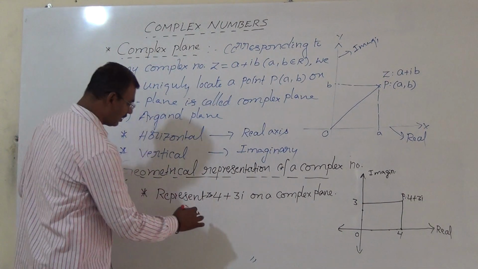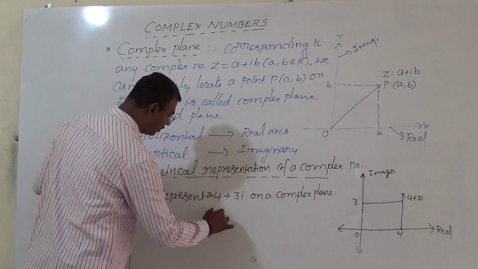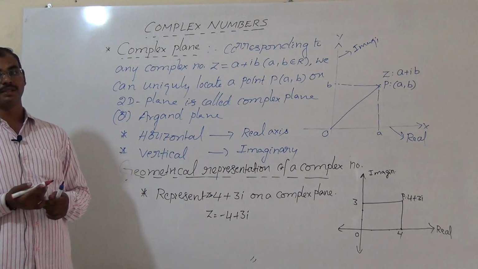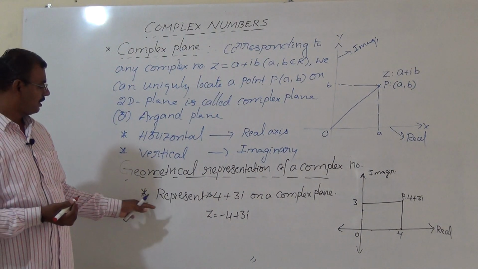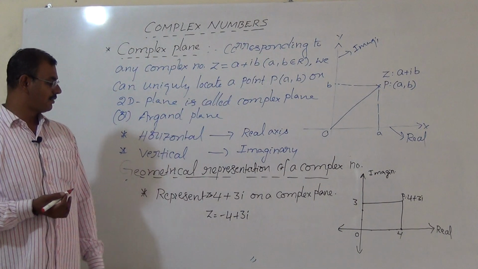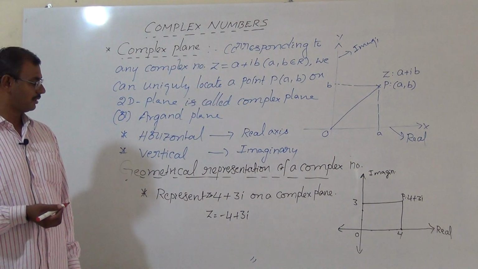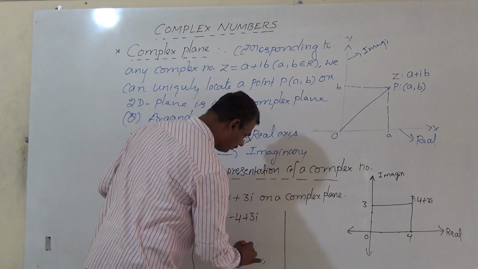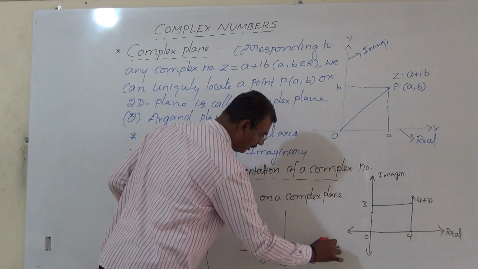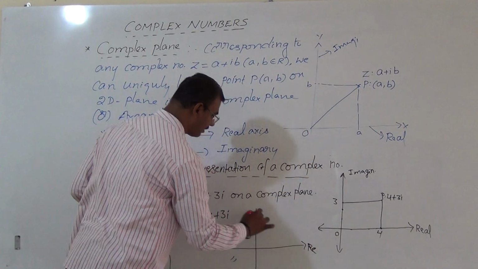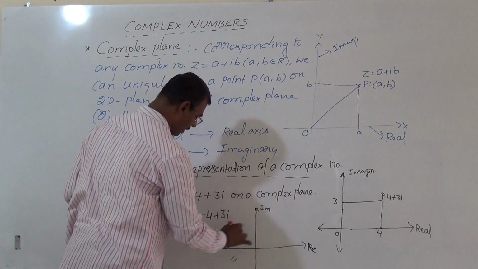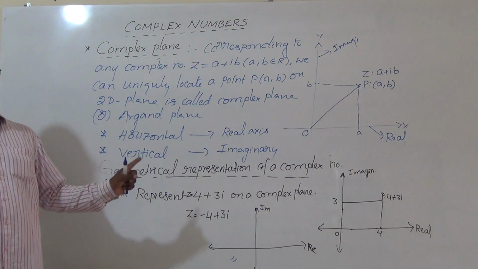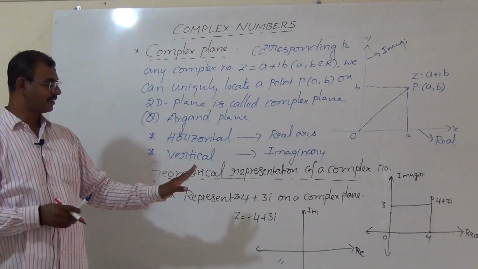Suppose the question is: represent z equal to minus 4 plus 3 iota on a complex plane. Let us take the complex plane always. This is the real axis, and this is the imaginary axis. Always remember this point: the real part of a complex number is on the real axis.